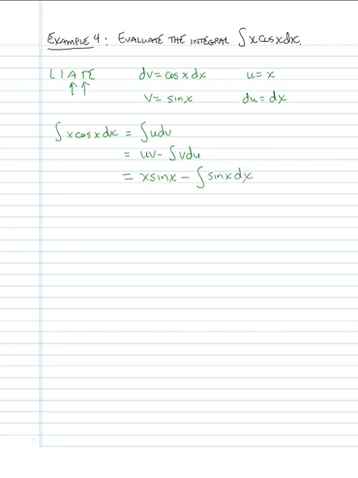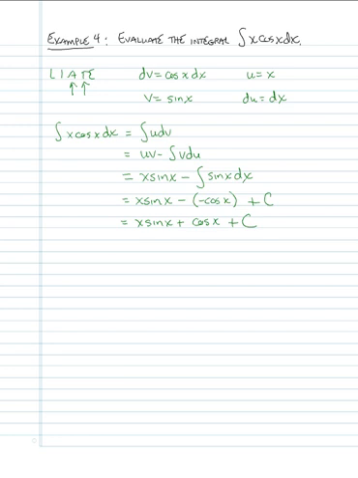And that is an easy integral for us to complete. So we have x sine x minus the integral of sine x, which is negative cosine x, isn't it? Of course, plus our constant of integration finally. So we get x sine x plus cosine x plus our constant of integration is the result.